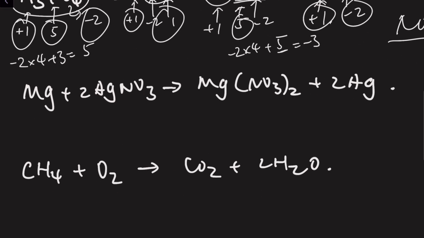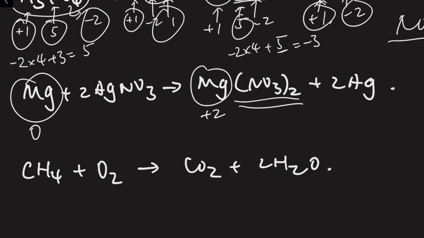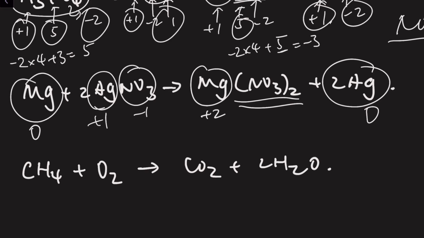Next example, natural element 0. And here we know it's +2. You can either see this from the periodic table, or if you know that the charge on NO3 is -1, you can know that the charge of magnesium ion in this case should be +2. This natural element, 0. Because this has a charge of -1, the silver ion has a charge of +1.